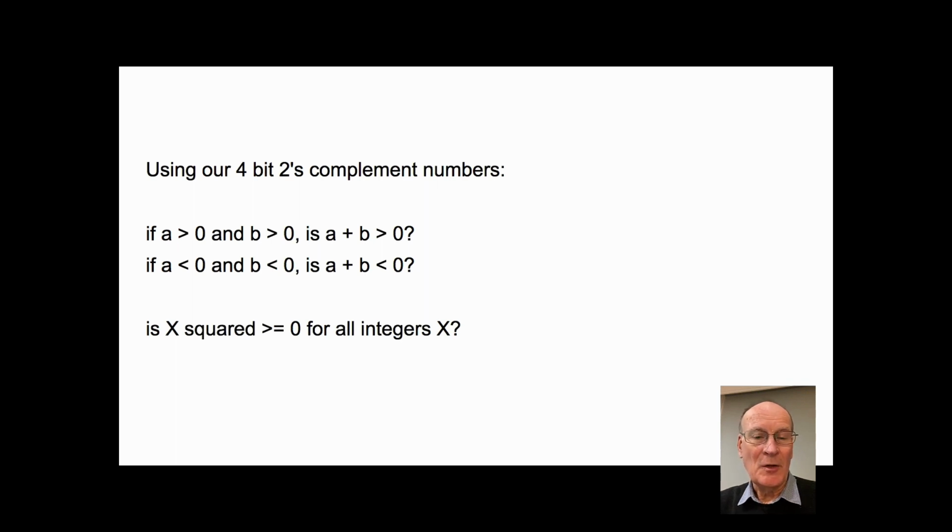Once again, you'll find that this is not necessarily true, and it points out, once again, a problem with the finiteness of our representation, that we can't take some of these things for granted. We have to be careful when we do arithmetic, because it may not end up with exactly the result we want, mainly because it overflows the representation.